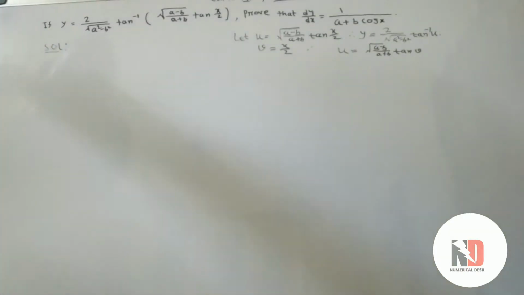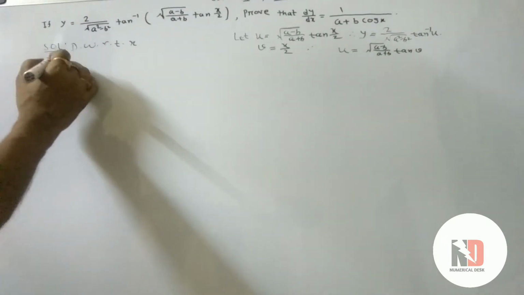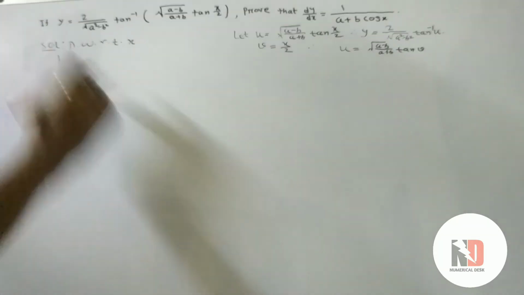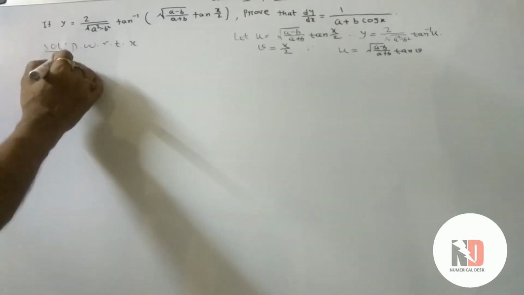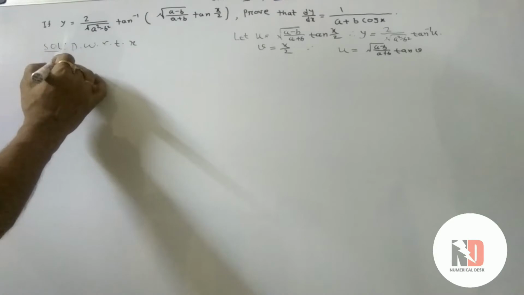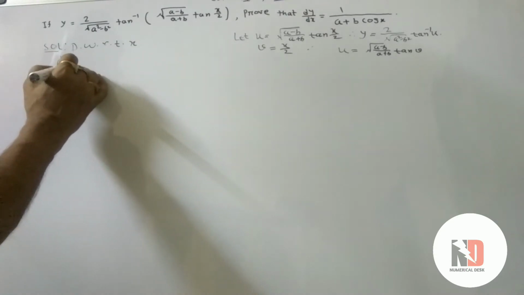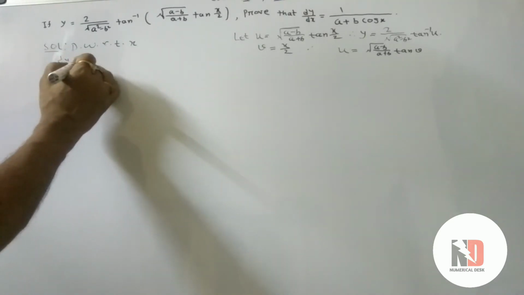Now let us start. So now differentiating with respect to x, let us do the sum. But let's see how to write down the chain.